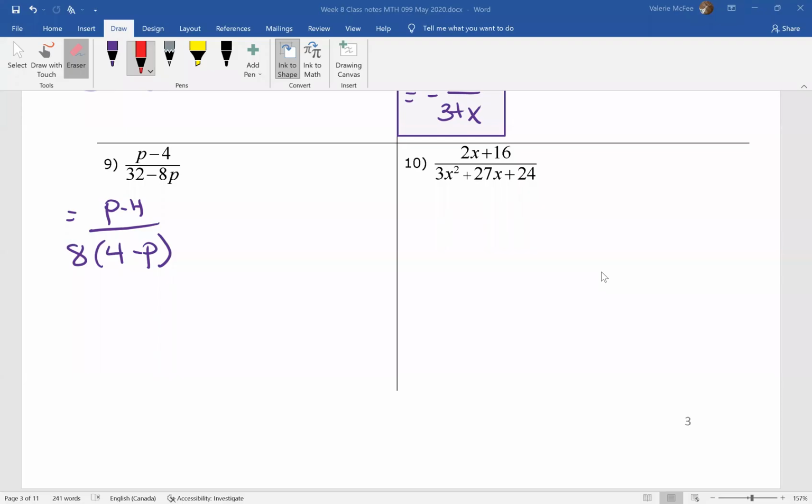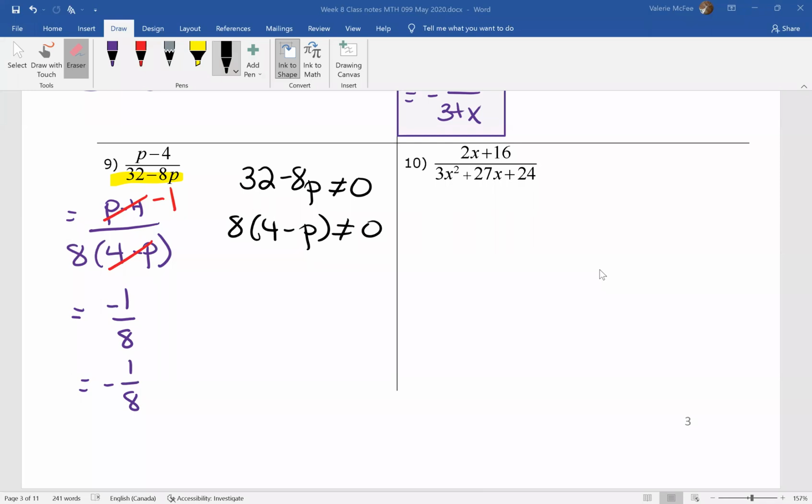Again, in question 9, we have opposite factors. When we divide them out, this equals negative 1. So this simplified to negative 1/8. And again, to find the restrictions, we're only looking at the denominator, but I want to point out that I'm going to only say that 4 minus p cannot equal 0.